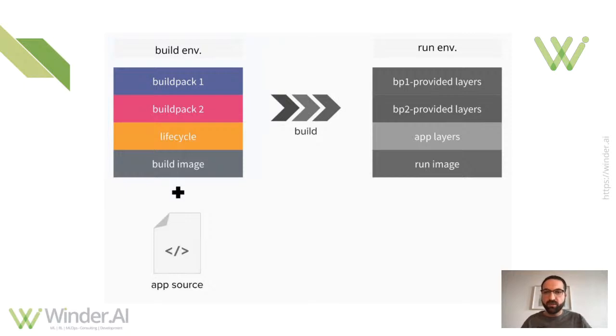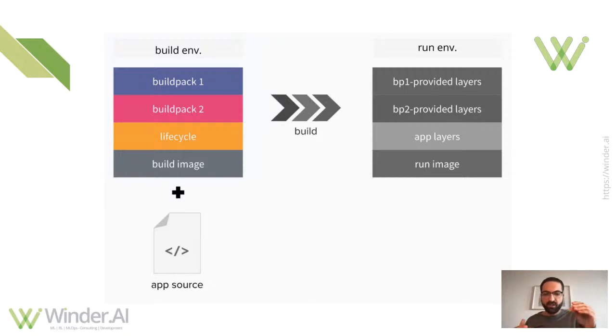But what we need to understand here is that the build process will run through a number of Buildpacks. These are specialized software units that solve specific problems, such as installing your Python runtime and your dependencies and so on.